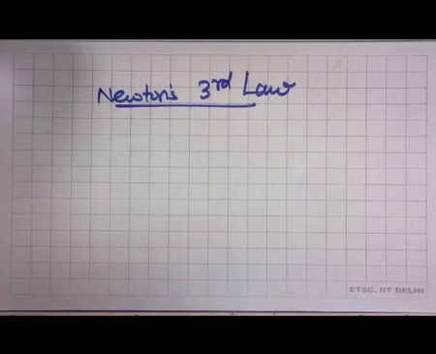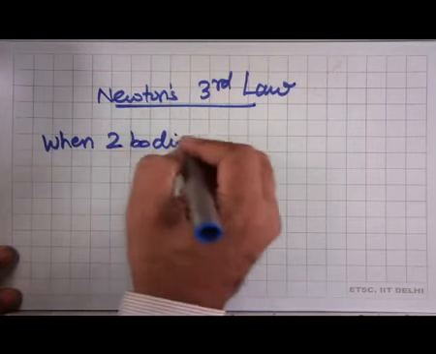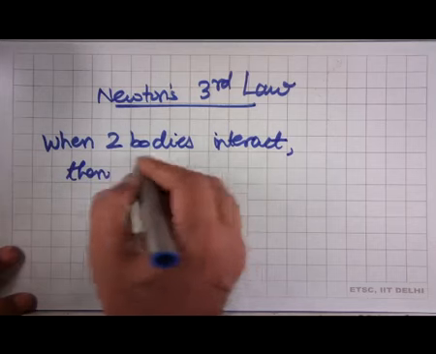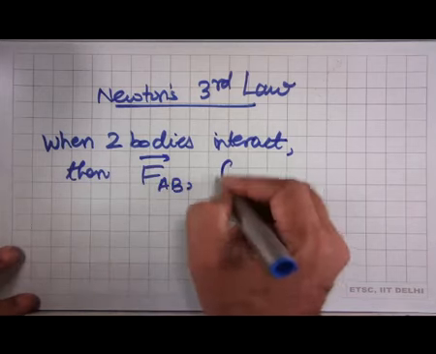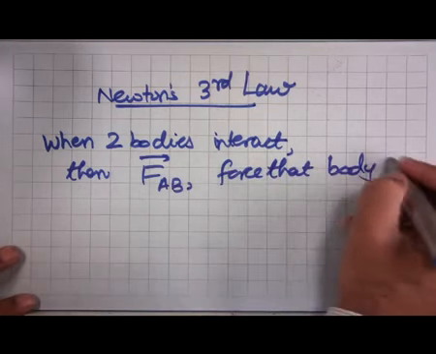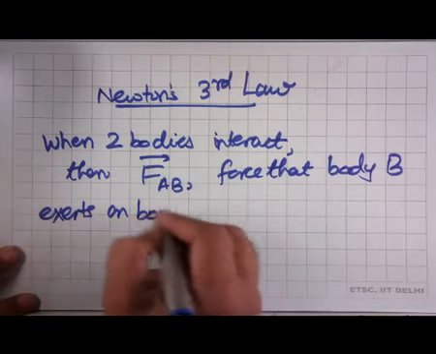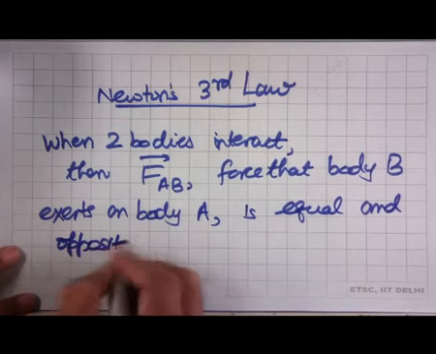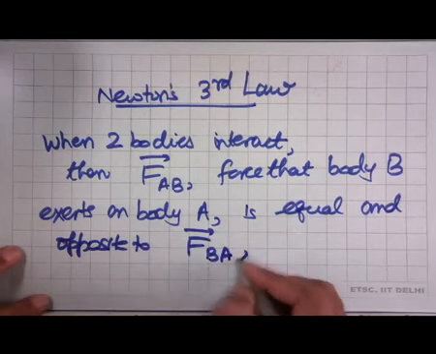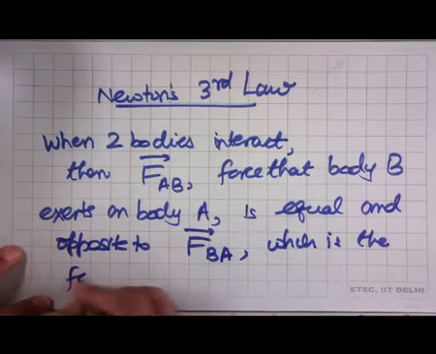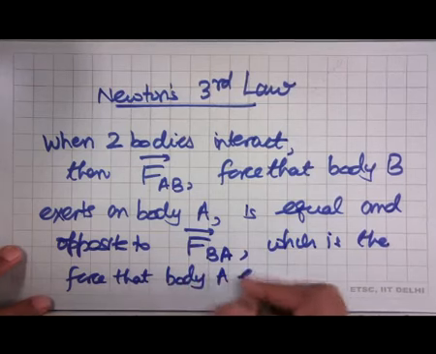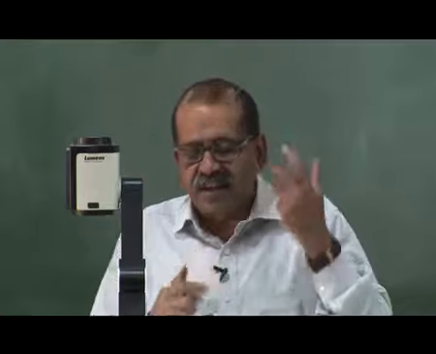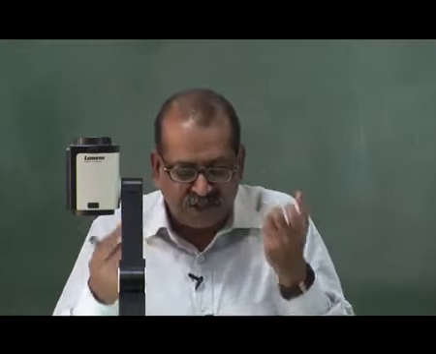And what Newton's third law says is, when two bodies interact, then FAB, the force that body B exerts on body A, is equal and opposite to FBA, which is the force that body A exerts on body B. The two bodies, when they interact and forces are interacting between them, we represent this interaction with the forces.